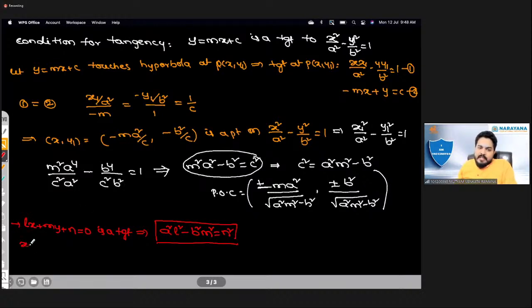This is the 3, so 1 is equal to 3. x1 by a square l is equal to minus y1 by b square m is equal to, here 1 is that side, here minus n is this side. So what you are going to get, point of contact also, minus a square l by n comma b square m by n. You substitute this in the equation, and you will be getting this condition, and this is the point of contact. Okay, please take this one.